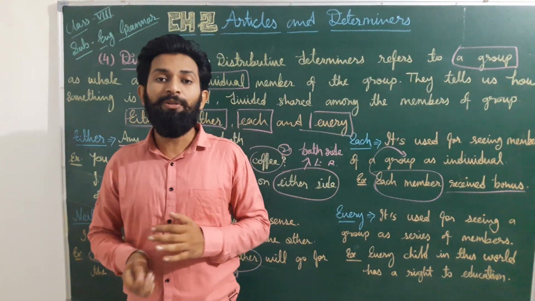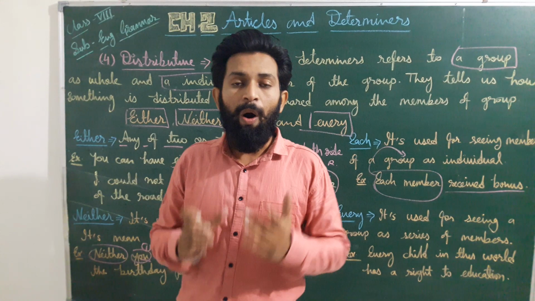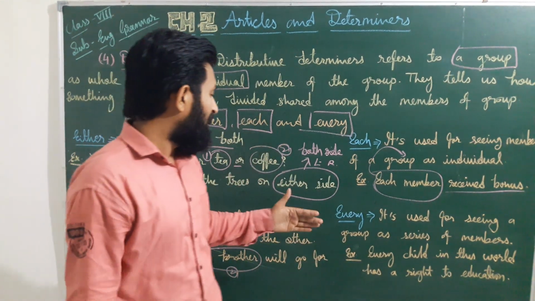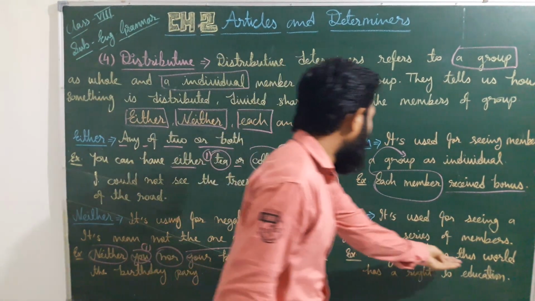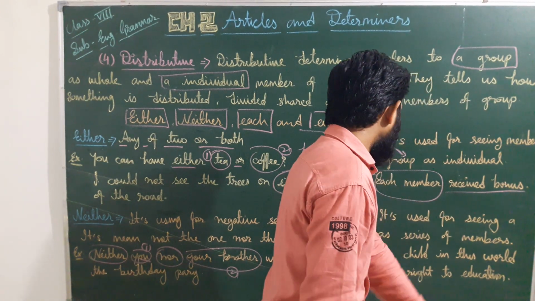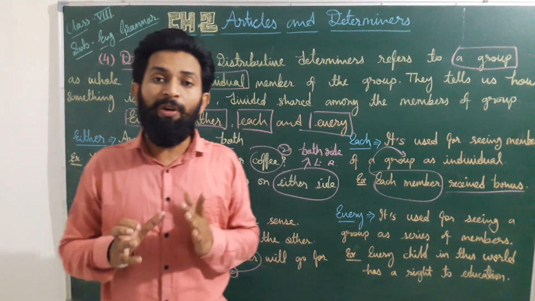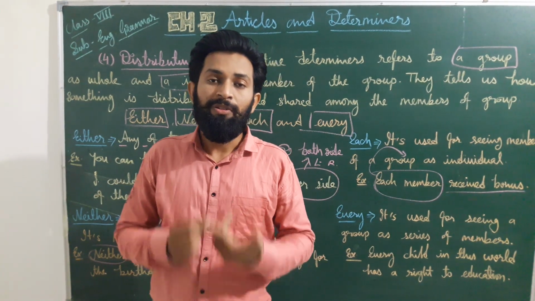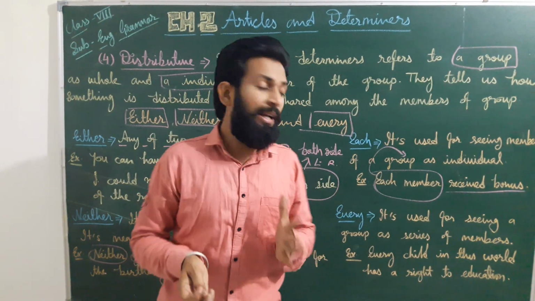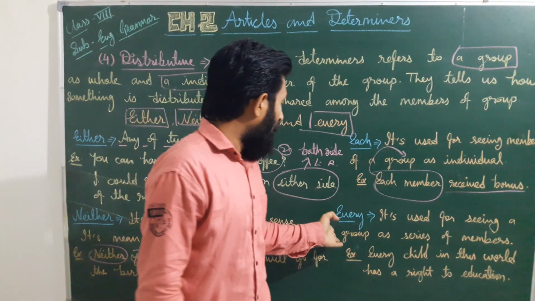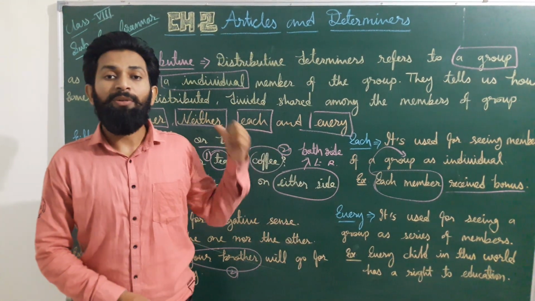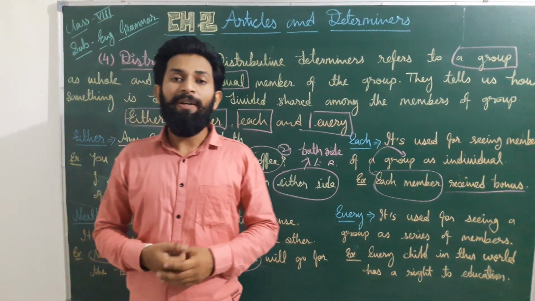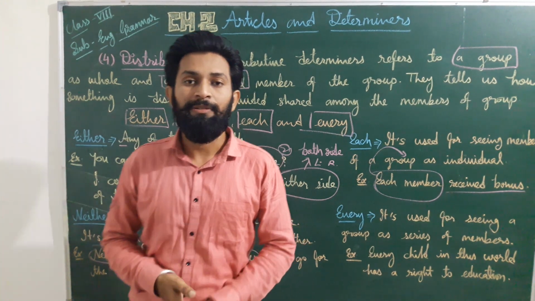It means it is used for all persons, all places. Every child of the world, not leaving out a child of India, not leaving out a child of China. All of the world's children have a right to education. Dear students, that is about distributive determiners. Now we will discuss interrogative determiners.